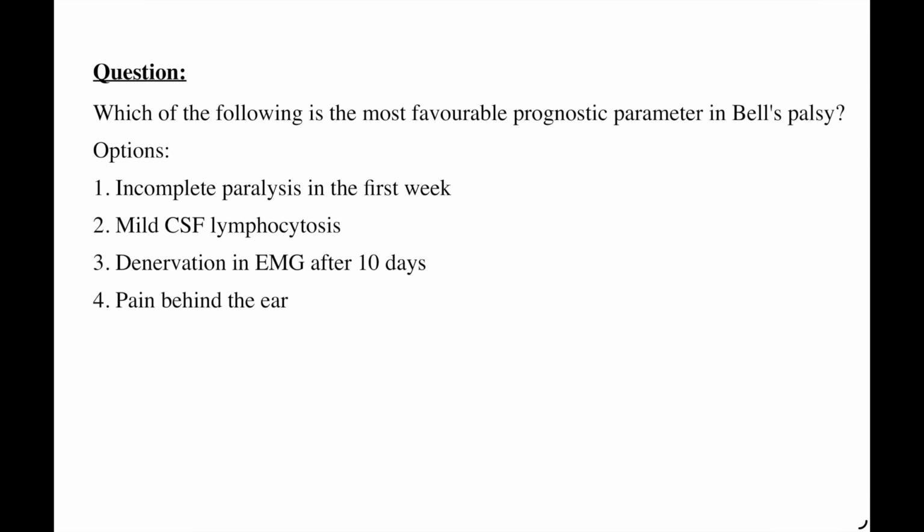Which of the following is the most favorable prognostic parameter in Bell's palsy? See, when there is a case of Bell's palsy, the problem is the facial nerve is getting affected. That is, it is a lower motor neuron type of palsy. That is, in the facial canal, it is getting affected, it is swollen. Now, this nerve has 3 kinds of injuries.